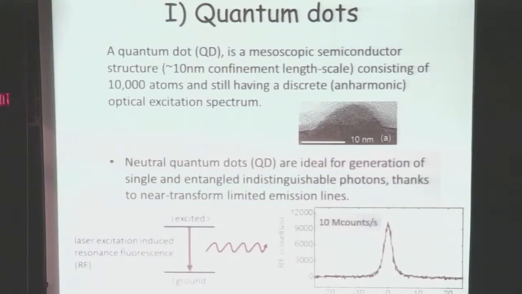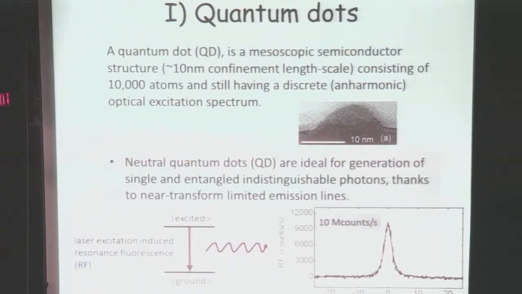Now, quantum dots have the nice advantage that, because of their relatively large size and integrability in electronic structures or electronic control, one can control the charging state, something you cannot do with atoms, at least not with ease. If you have a neutral quantum dot, then this is an excellent, very bright source of single photons.